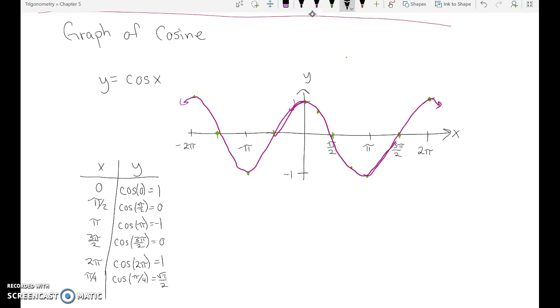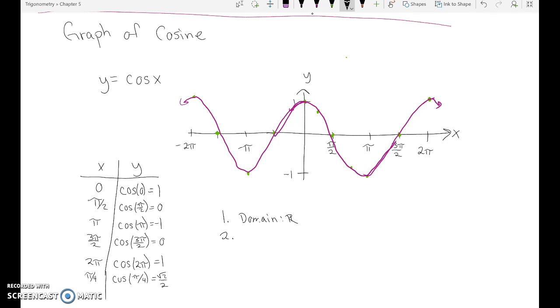All right, so with this graph, I want to notice a couple things again. So first of all, our domain is all real numbers. It goes from -infinity all the way to infinity. On our x-axis, there are no gaps. There's nowhere where it just doesn't work.